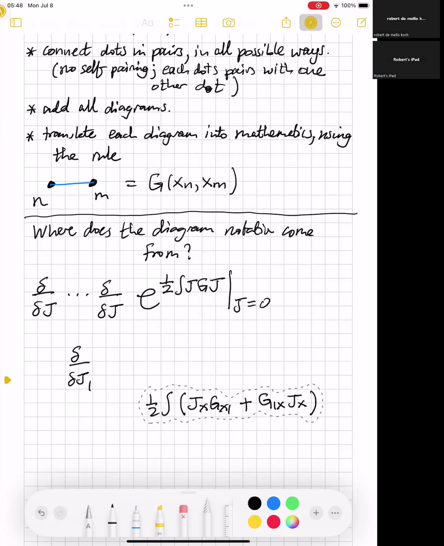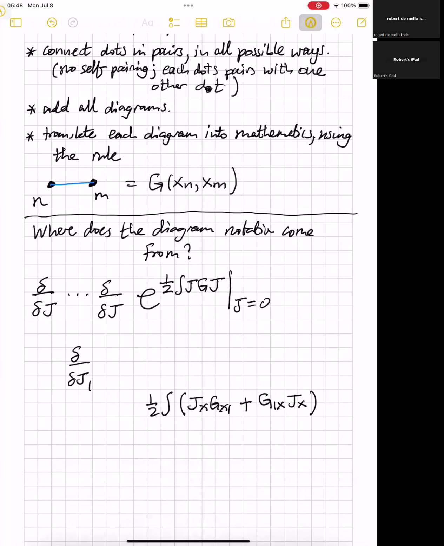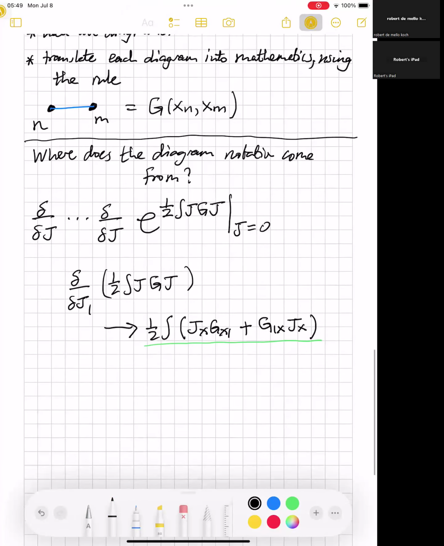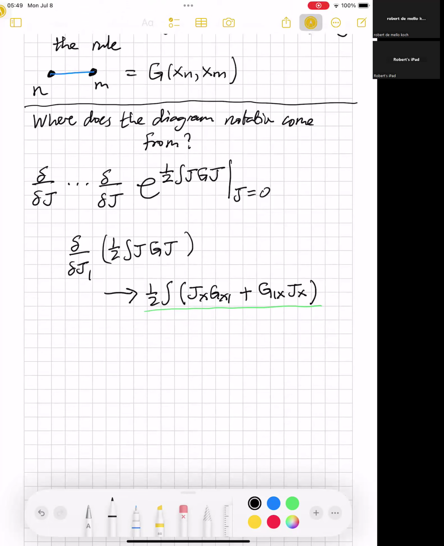The thing that we're differentiating is 1/2 integral j G j. When we take this derivative, what do we get? We get this result over here. So this result that I just underlined in green is the result after taking one derivative with respect to j of the exponent.